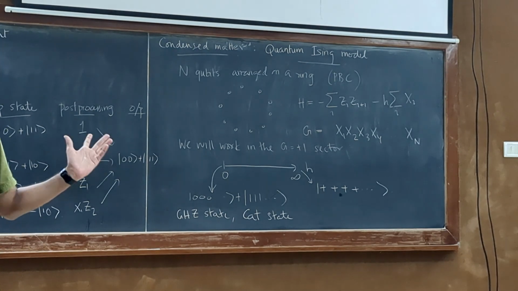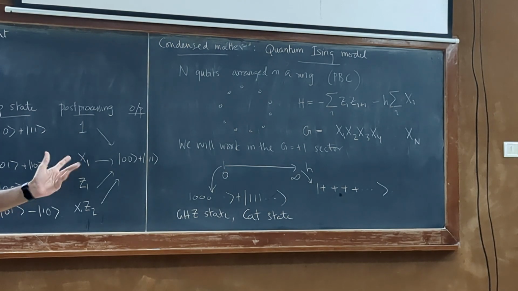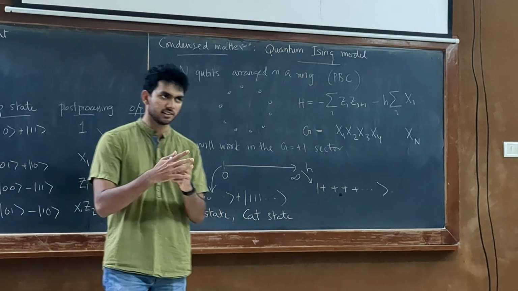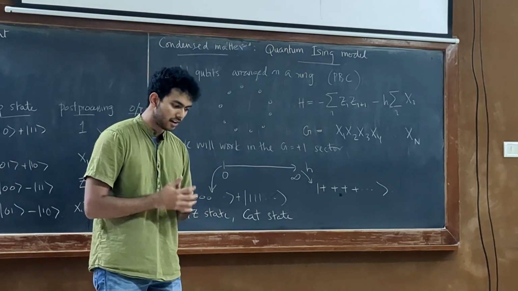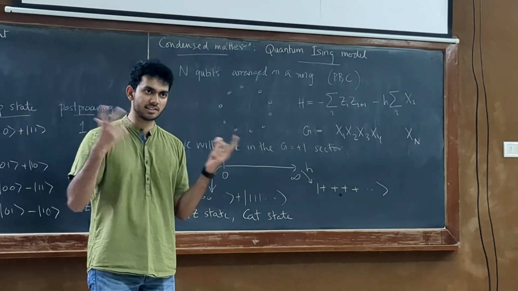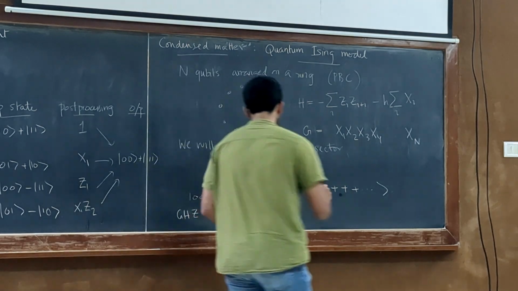So, how does it relate to Schrodinger's cat? Because it's in a superposition of 0 plus 1. Exactly. So it's called a cat state because it's in a macroscopic superposition, in the sense that you have some very large system which is either dead or alive, which are very different states, but it's in a superposition of these two very different states.